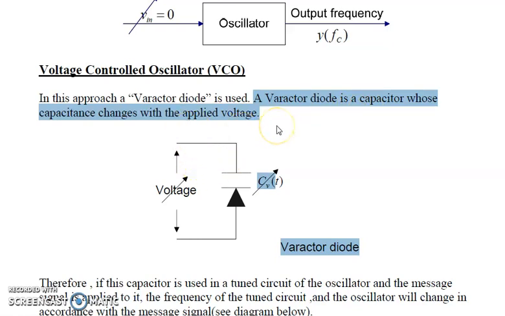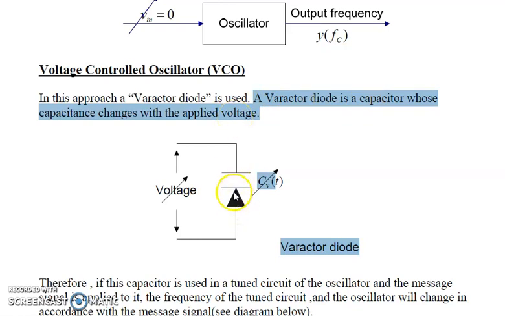In basic electronics you must have read that a varactor diode is a PN junction in which the capacitance between P-type and N-type material is variable, and the capacitance value depends on the applied voltage.